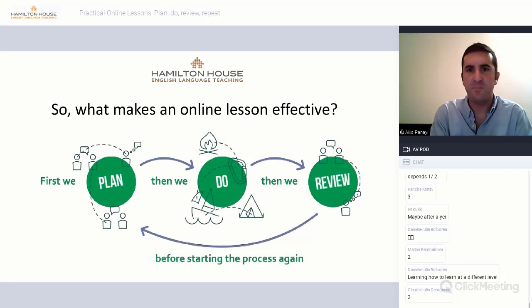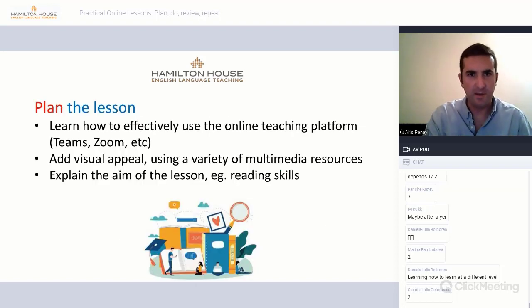And if we skip reviewing, then the next time we plan, our plan will not be as effective as it should be, or as it could be if we reviewed the lesson. And we are going to look at these three steps in detail right now.